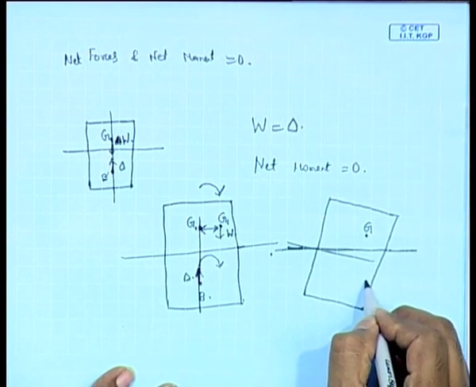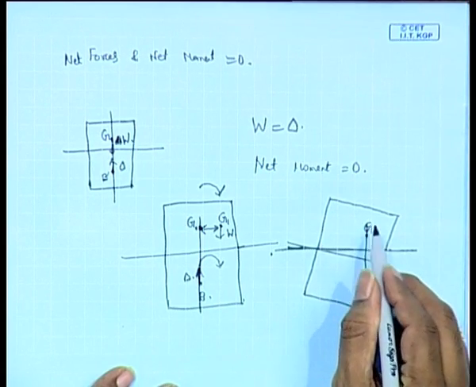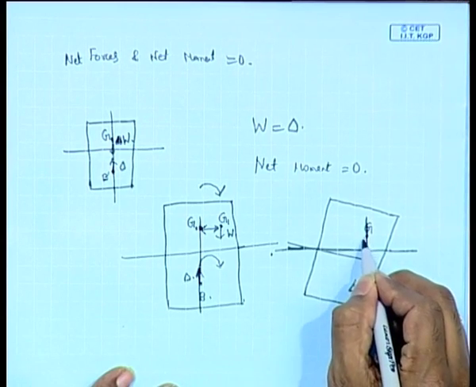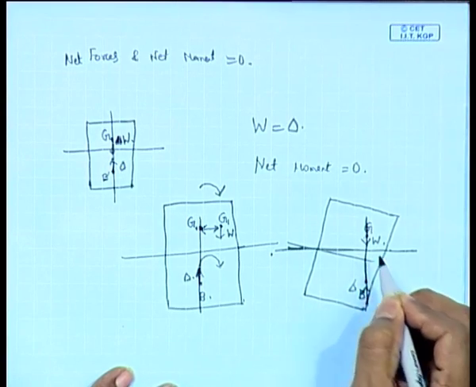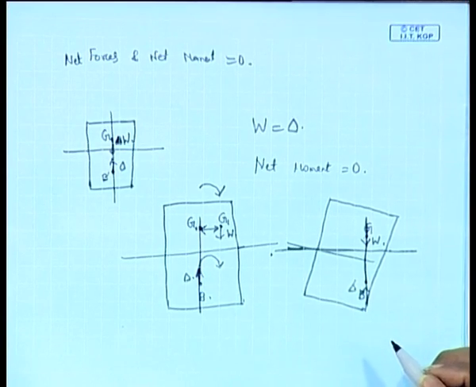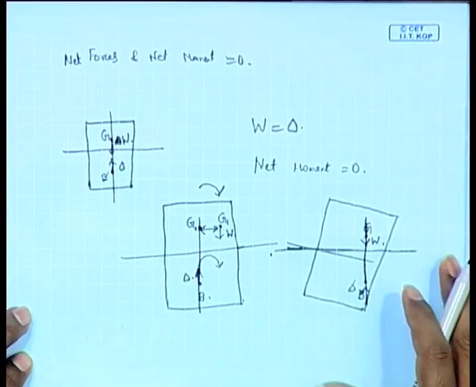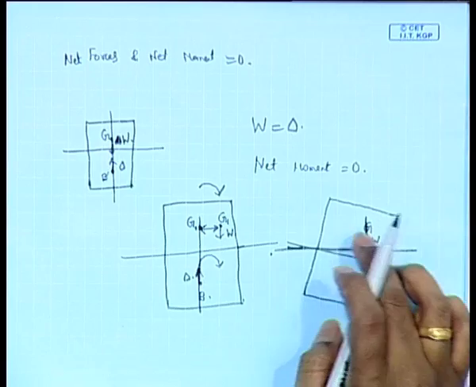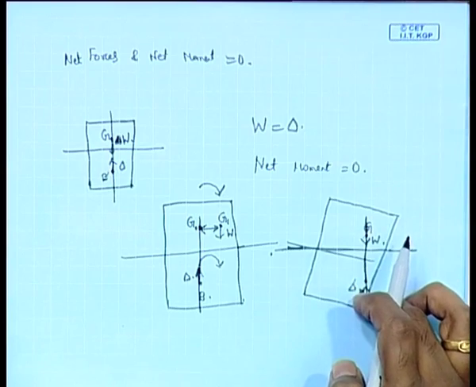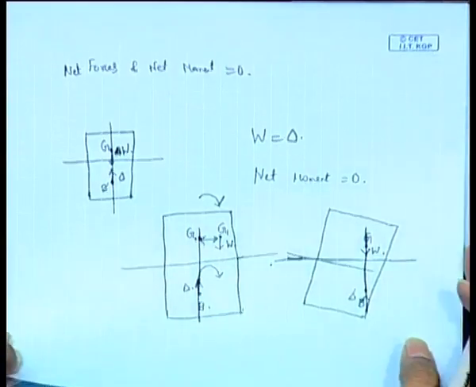Because of this tilting, B has also moved, and as a result you will get this delta acting upwards and W acting downwards, again on the same straight line. This is the condition for equilibrium. So in this inclined position you will see that the net moment is 0 and the net force is also 0. Okay.